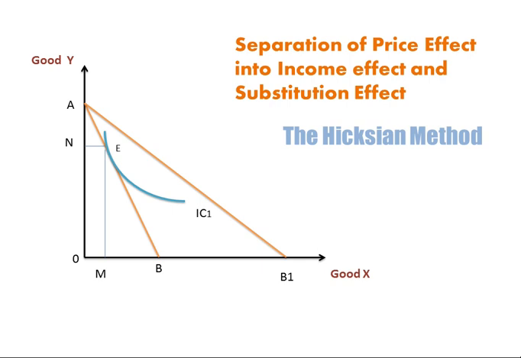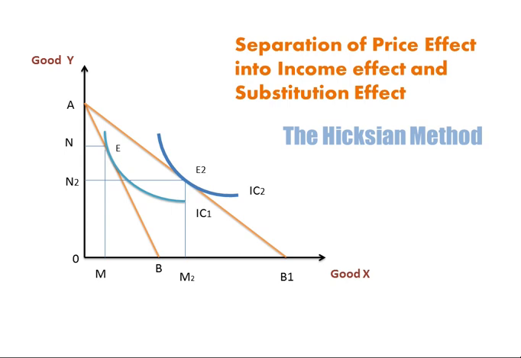On the right side, you know that there are many indifference curves. The consumer is in equilibrium at point E2, where the IC2 indifference curve is tangent to the new budget line AB1.